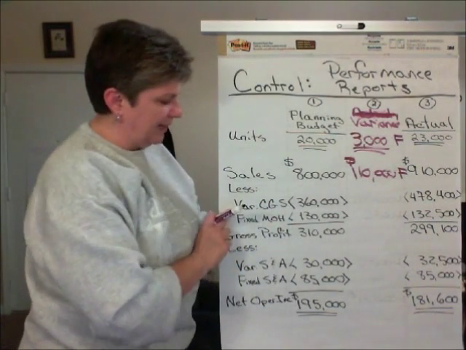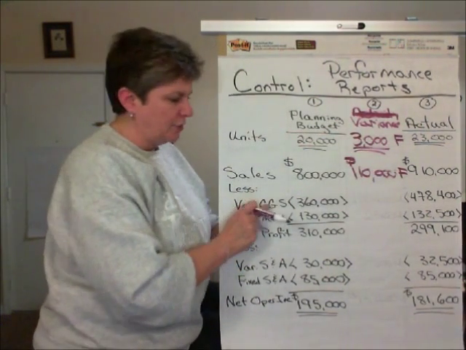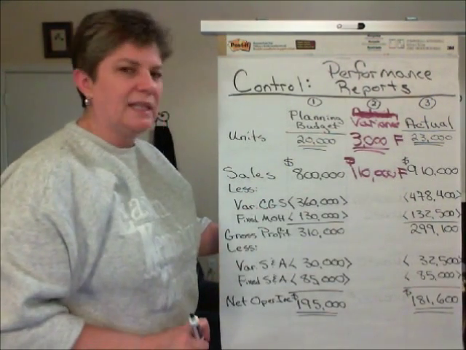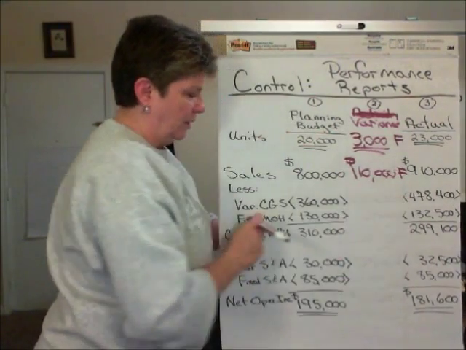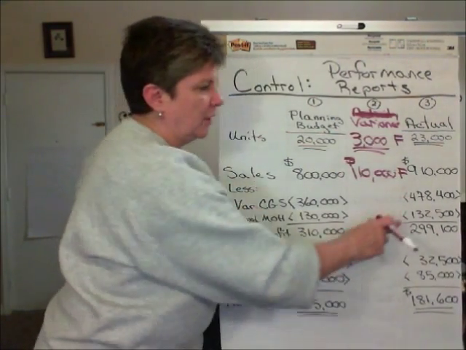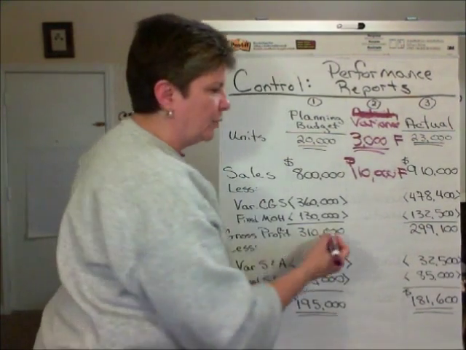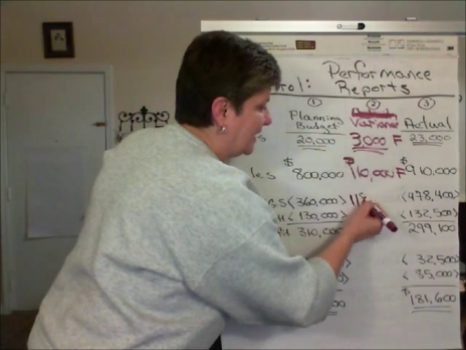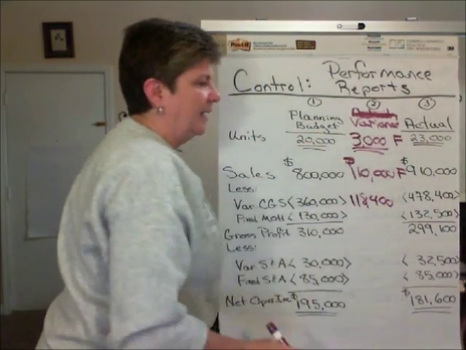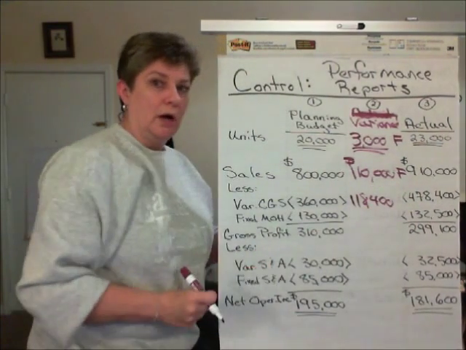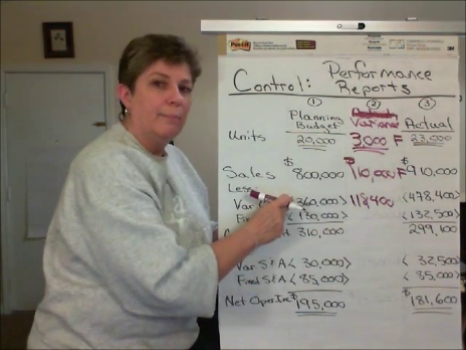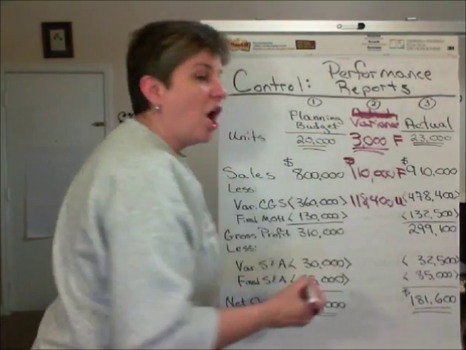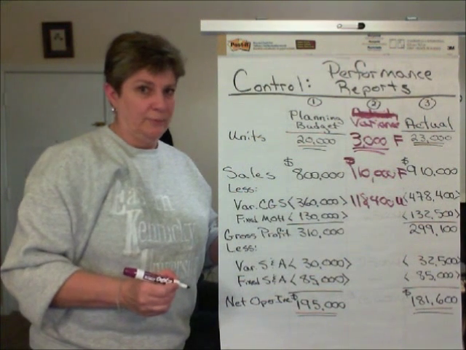The planned level of cost for variable cost of goods sold, materials, labor, variable overhead, was $360,000. Our actual variable cost of goods sold was $478,400. Well, that is a large difference, $118,400. And since the actual cost was greater than the budgeted cost, that's going to be an unfavorable variance.